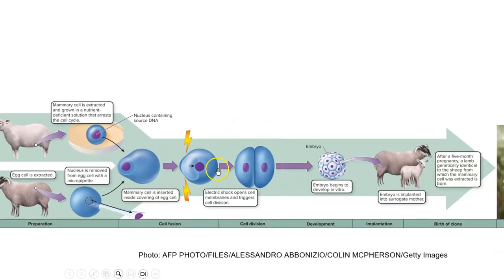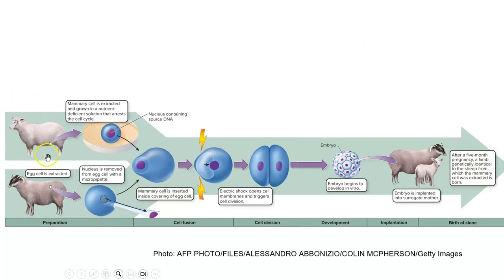Suddenly, we will subject that to electrical shock so the contents fuse together. Those cells will start to replicate and divide and create an embryo. That embryo will then be inserted into a surrogate mother. And we will end up with a baby sheep that has the exact same genetic information as this sheep that we took the nucleus from the mammary cell from.